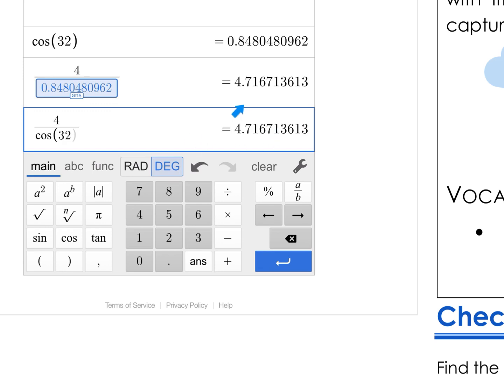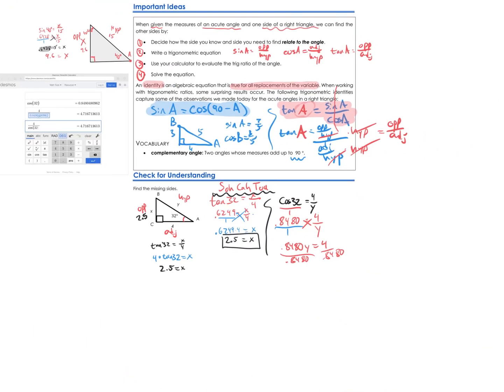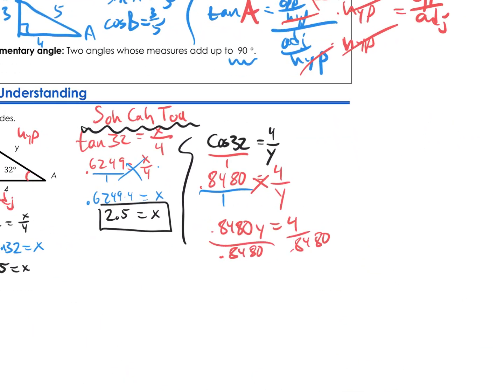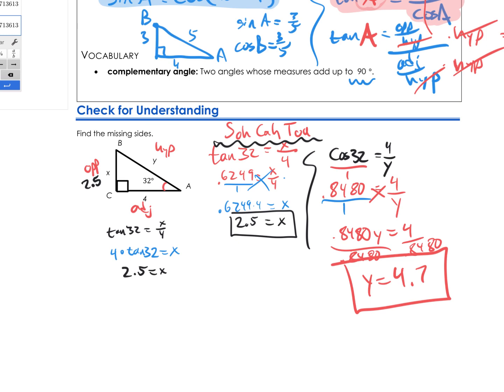Notice it's the same thing. So if you want to just keep it as cosine 32 until the end, that's fine. 4.7 is the number. So let's jot that down, and we're done. y equals 4.7. That's super handy. So we'll leave it at that.